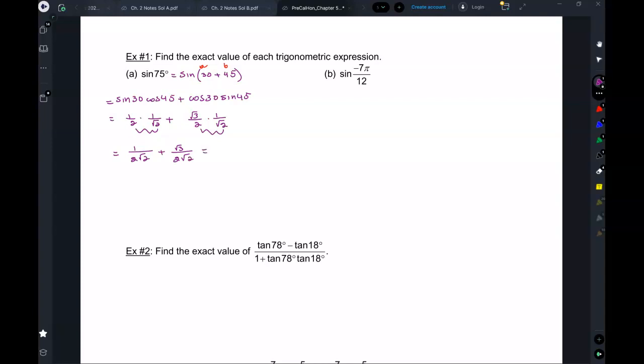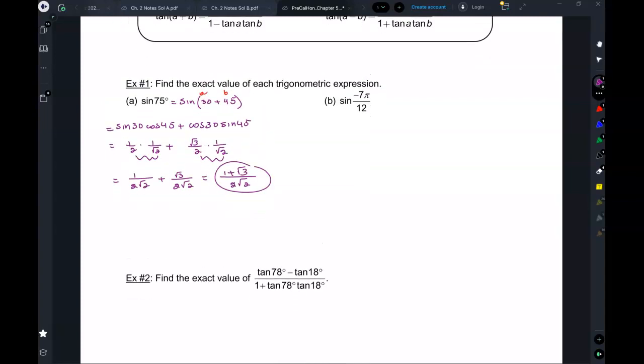Oh, look, they even have the same denominator. So it's 1 plus root 3 over 2 root 2. That's it, right? And whereas before, you would have never been able to figure out what sine of 75 is. Look at that. Now you can. Like, look at how impressive and how cool that is, right? So look at how powerful this identity is.